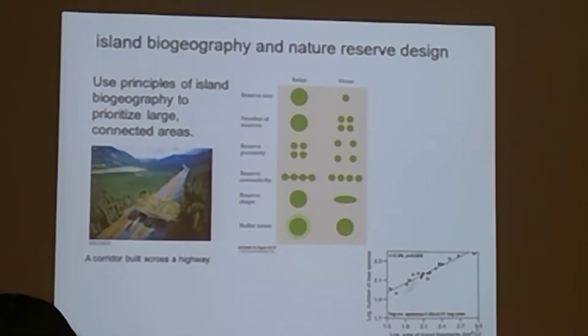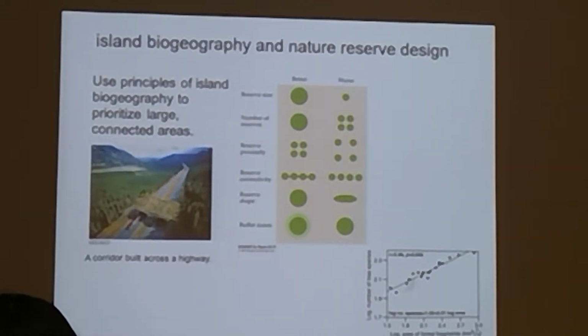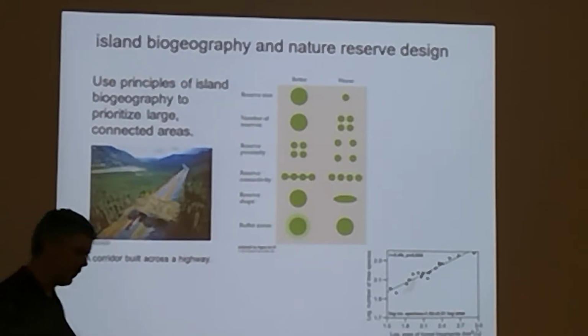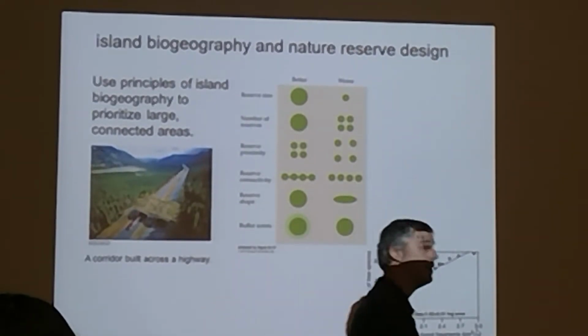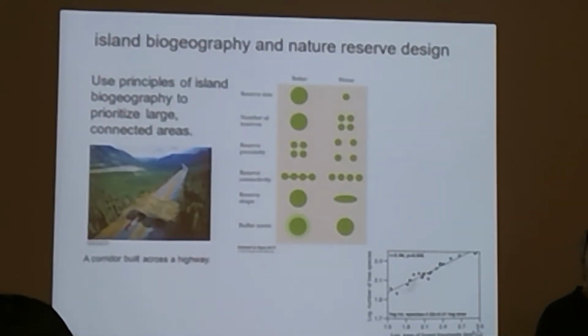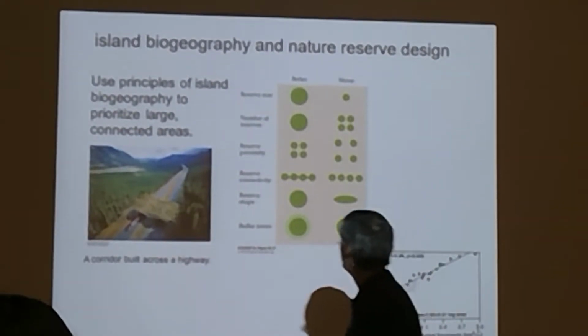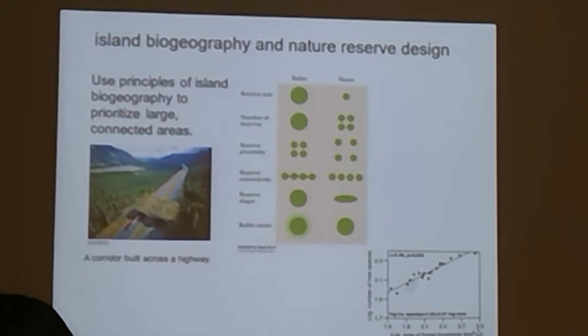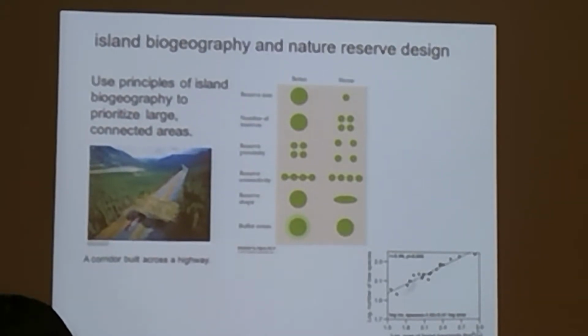So this ended up leading to a number of principles for designing conservation areas that were derived from the theory of island biogeography. And I've got a couple examples up here that we'll work through, to see what people were thinking.